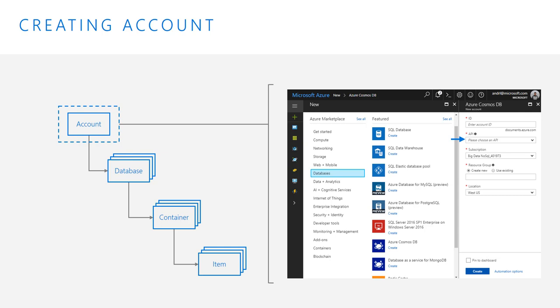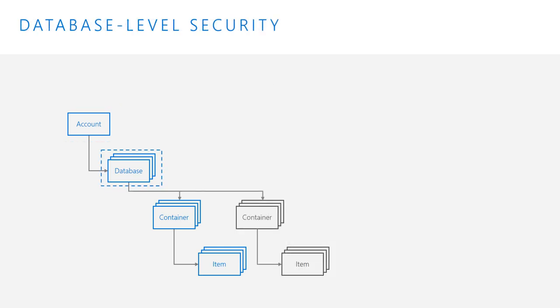These APIs can be SQL, Cassandra, Mongo, Graph, or Table. So you choose one of the APIs, and then you choose your subscription and resource group, choose the location, and that's it. You click create, and your Cosmos DB will be created.